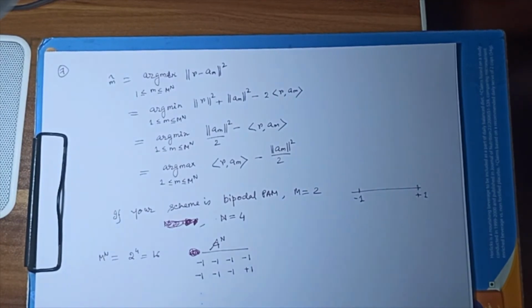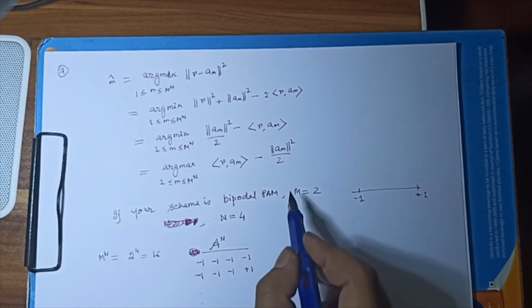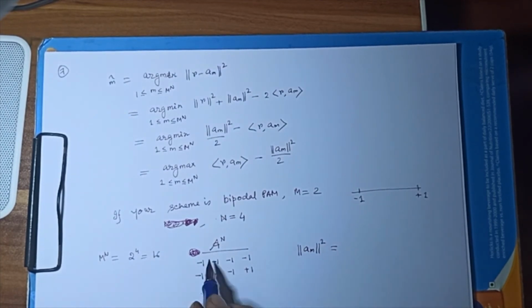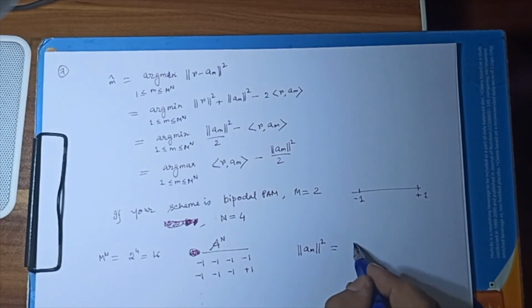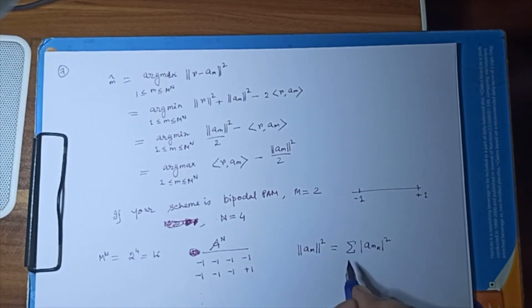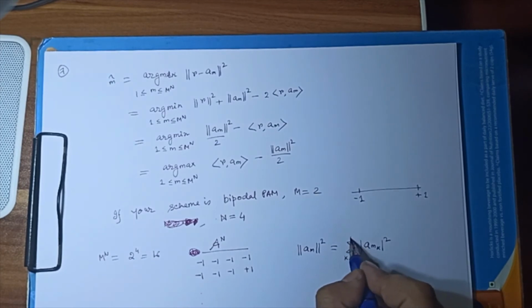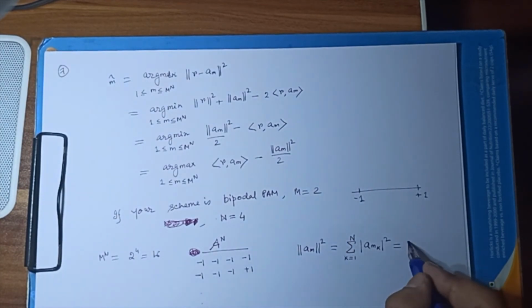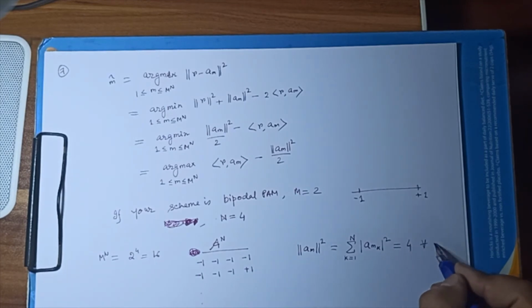Now if I ask you what is ||a_m||^2, this is a vector, and the vector elements are these. The L2 norm square is the summation of the individual amplitude squares, so sum of a_mk^2, k is equal to 1 to n, which is 4 here. That value is 4 for all m from 1 to M to the power n, which is 16.